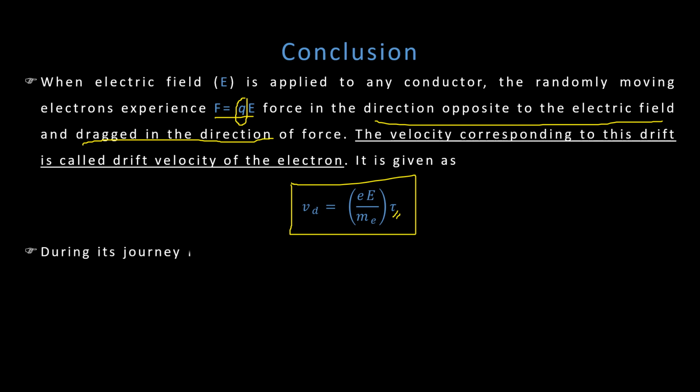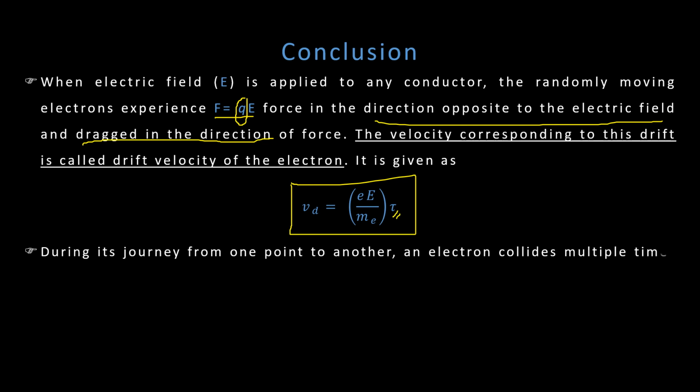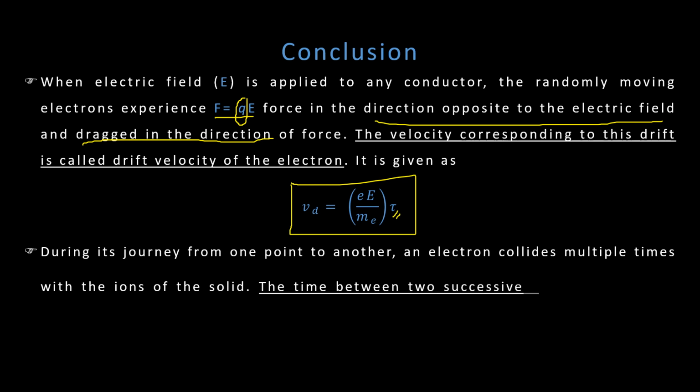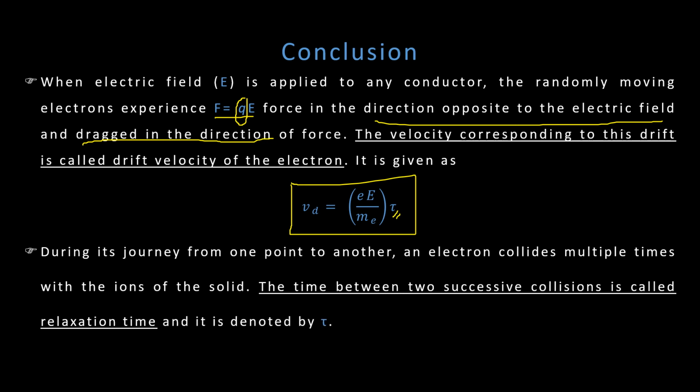And during its journey from one point to another, an electron collides so many times with the ions of the solid, and the time between two successive collisions is called the relaxation time of the electron. And what is the order of the relaxation time? Relaxation time is of the order of 10 raised to minus 8 to 10 raised to minus 9 seconds. So that was the topic today.